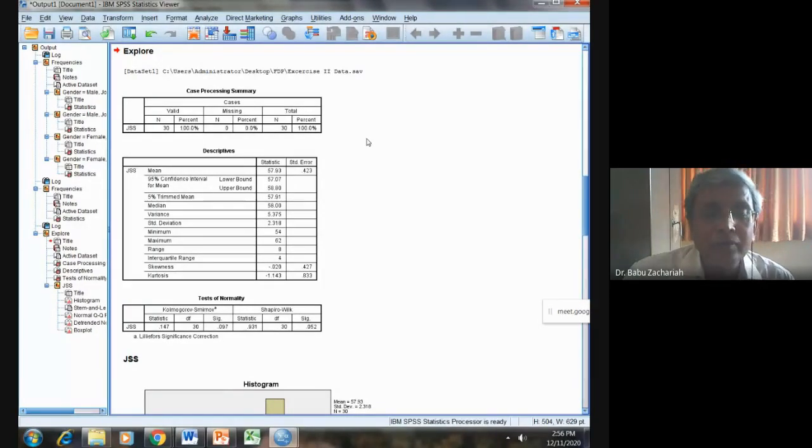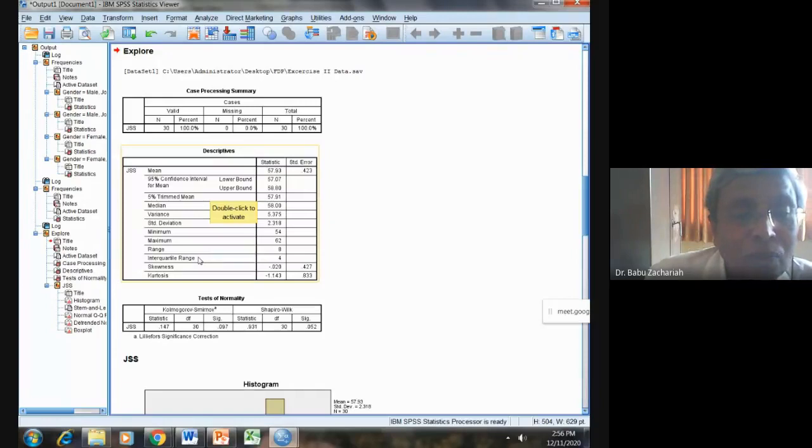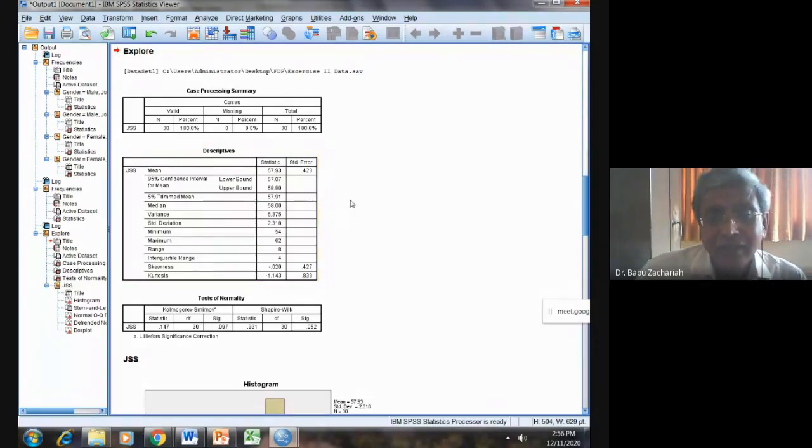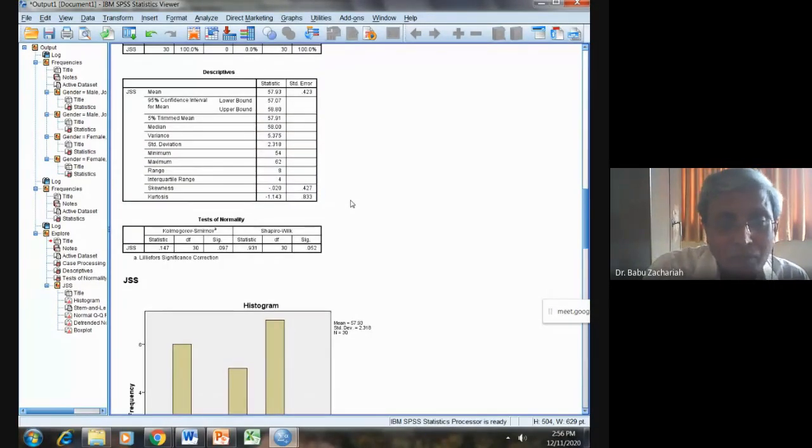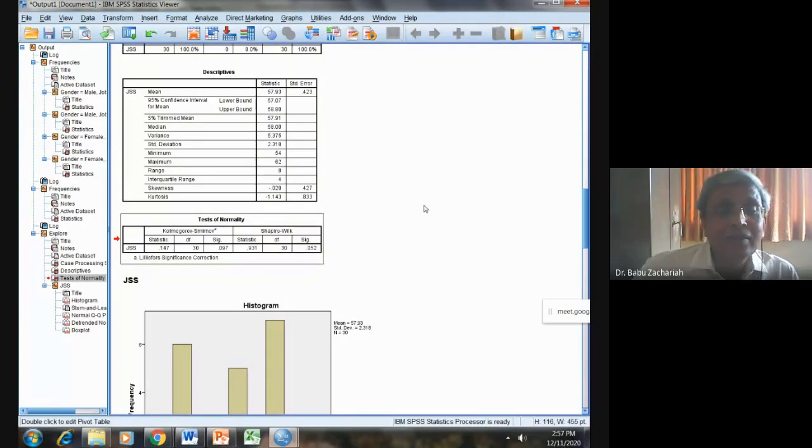Next table is descriptives: mean value, confidence interval, trimmed mean, median, variance, standard deviation, minimum, maximum, range, interquartile range, skewness, and kurtosis. This doesn't give much information. The most important aspect is tests of normality.